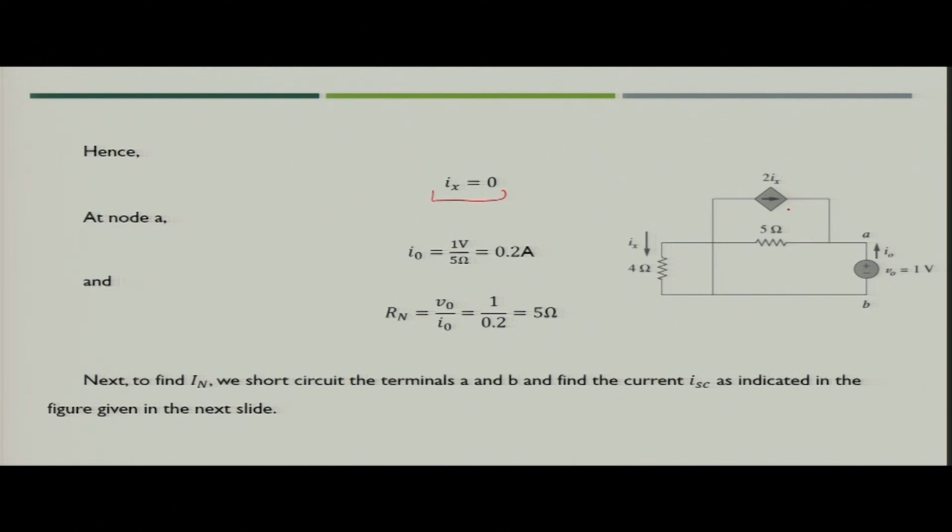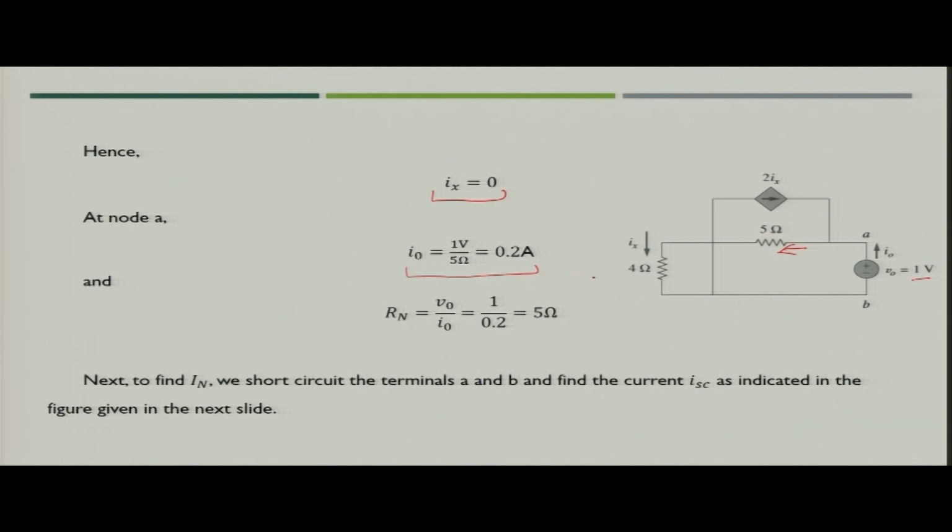You have this component 0, the current which is flowing from external voltage supply V naught would be only through the 5 ohm resistance. So, what we get, the current I naught is nothing but 1 volt divided by 5 ohm resistance.